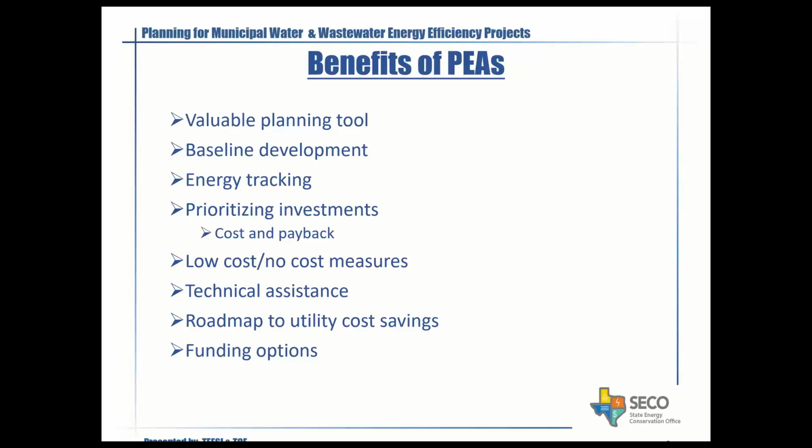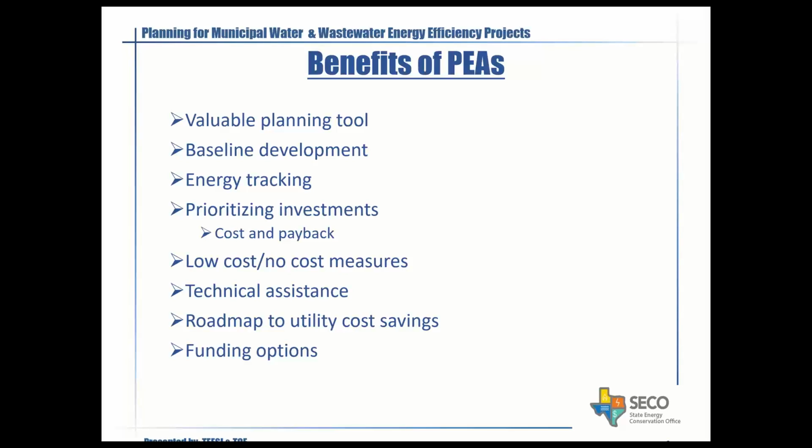So this PEA is a roadmap to utility cost savings, and again, as I mentioned earlier, it will also identify potential funding options for you. One thing to keep in mind is that the SECO program is not a design program. It doesn't get into the design aspects of these projects. It will give you the assessment and preliminary cost and savings estimate, but for design and implementation, you have to use your own sources.